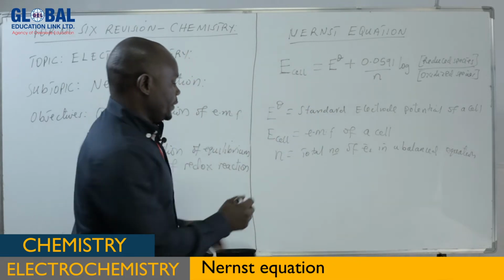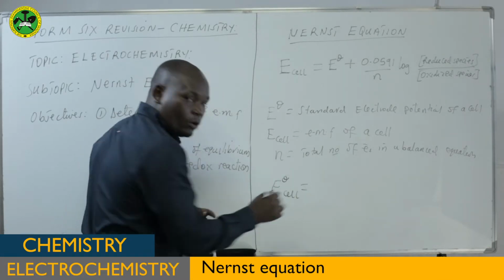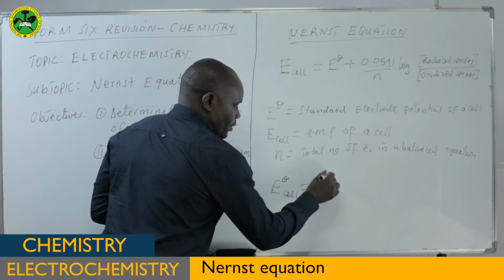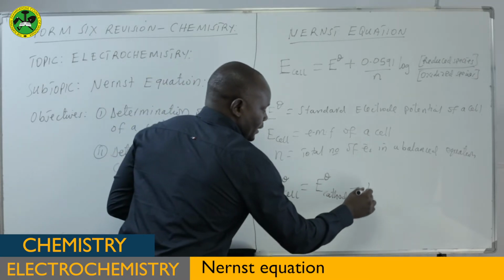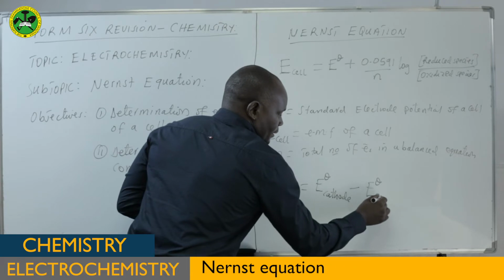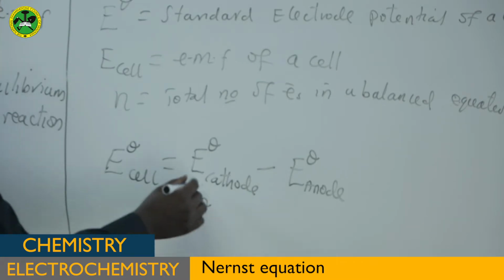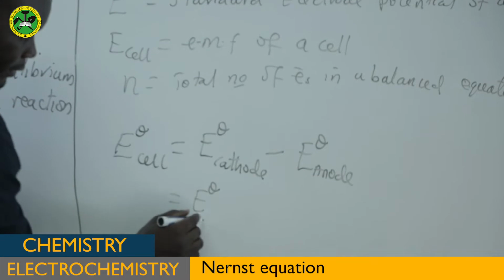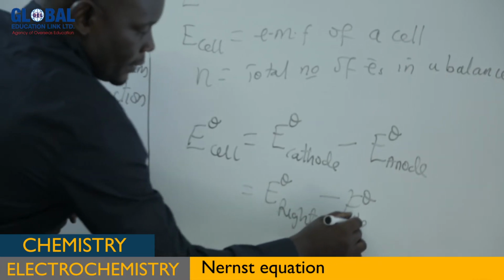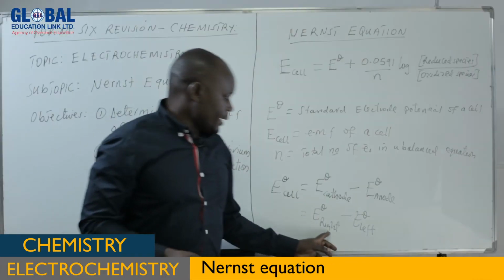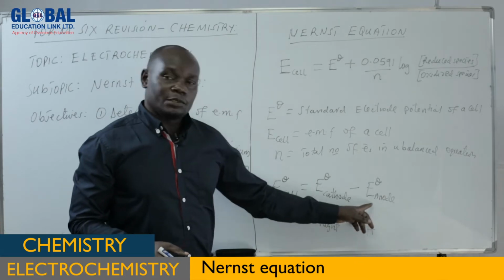So the E° of a cell, the standard electrode potential of a cell, is obtained by taking the standard electrode potential at the cathode minus the standard electrode potential at the anode, or the standard electrode potential on the right minus that on the left. On the right side is where the cathode is placed, and on the left side is where the anode is placed.